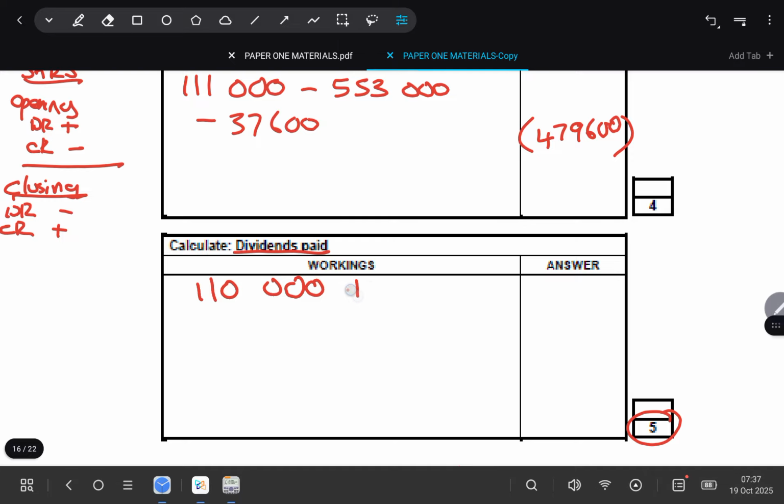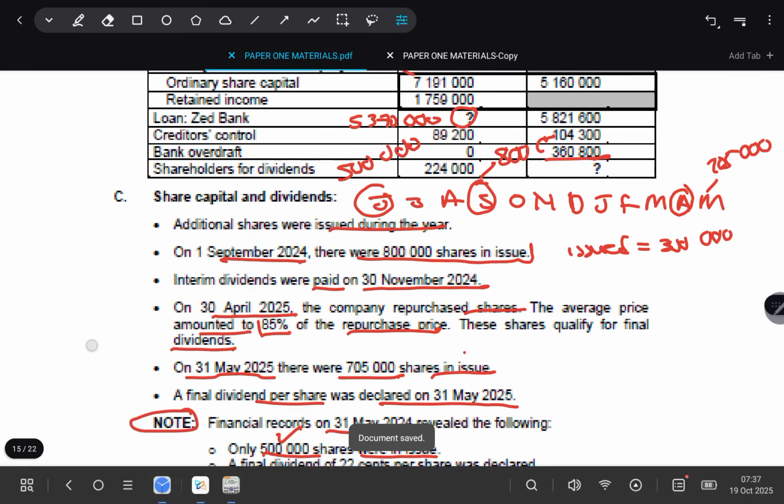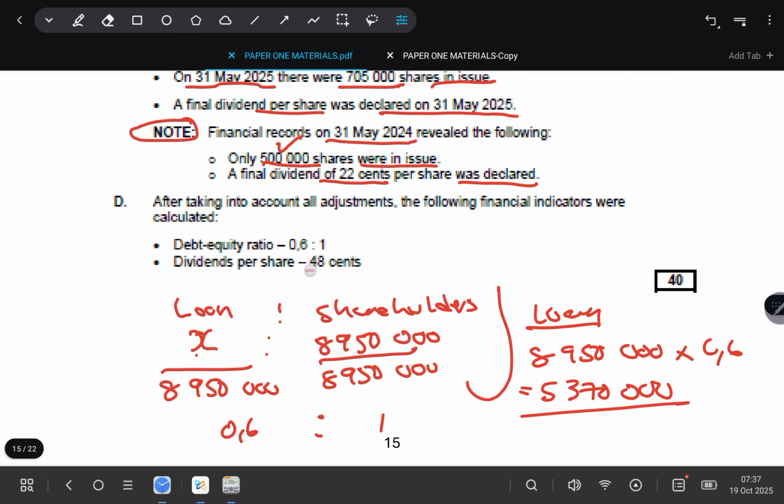Okay, then we need to check, for this year they told us that dividends per share amounted to 48 cents. So we need to check at the end of the year. Remember, they told us that those shares that were sold, they qualify for dividends, right? So we know that at the end of the year, because those shares qualify, it means they declared on all the shares that were available. So we know we have that dividend per share is 48 cents.